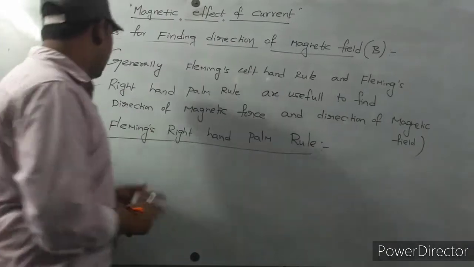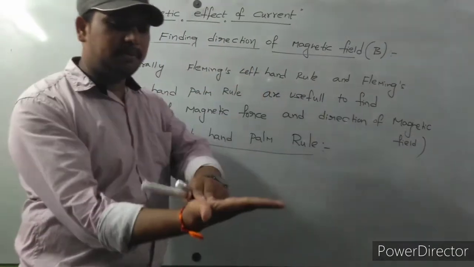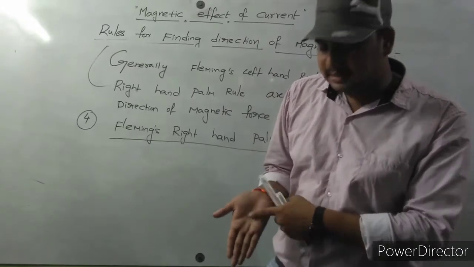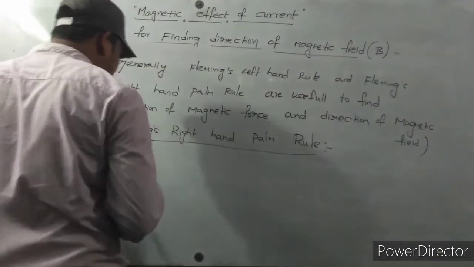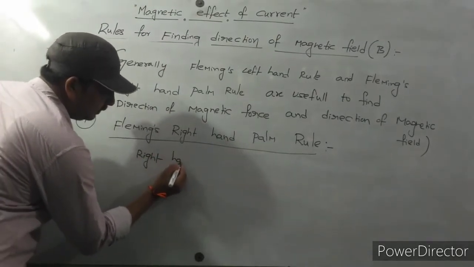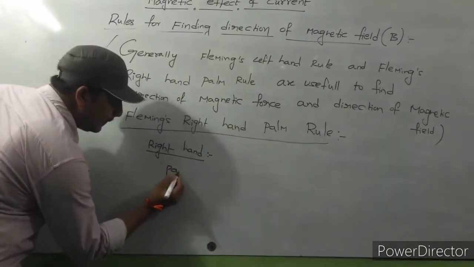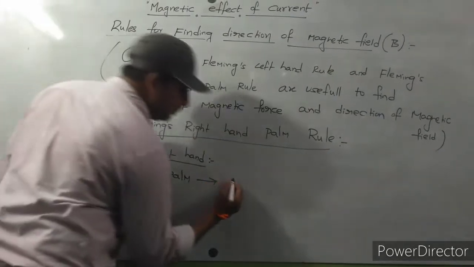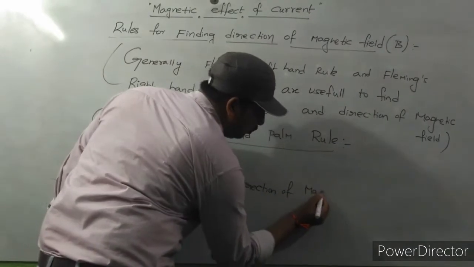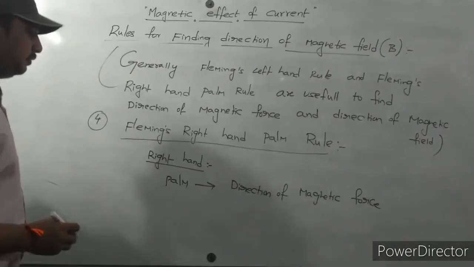So now, Fleming's right hand palm rule. Let us consider the right hand. Palm means this is a palm. Now observe carefully. The right hand palm indicates direction of magnetic force.